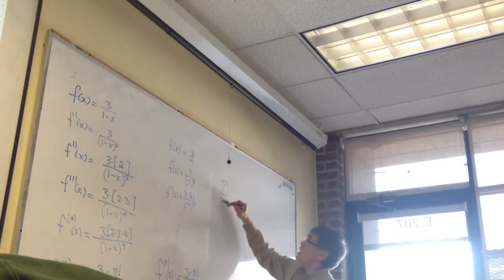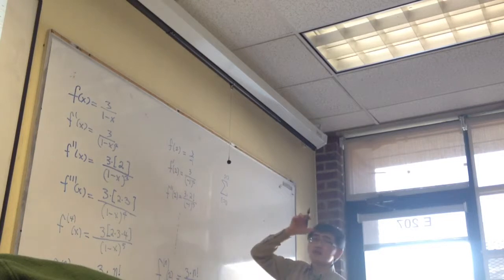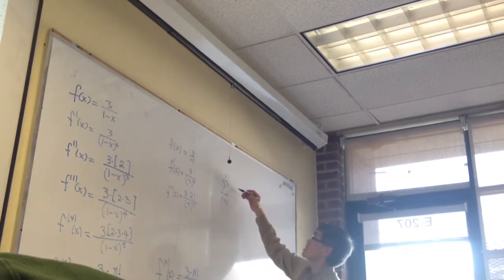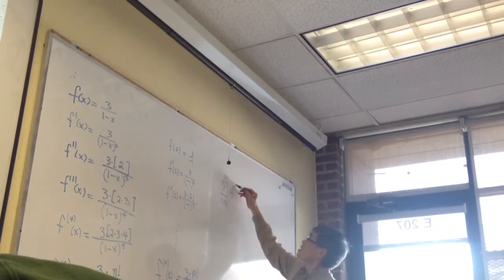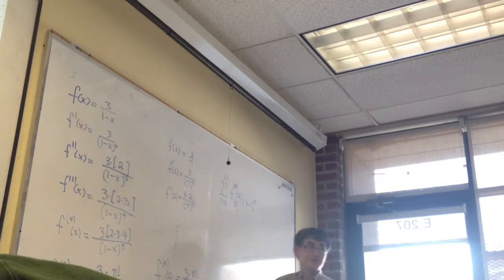So let n go from 0 to infinity, and the Taylor series centered at 2 should be f nth derivative evaluated at 2 over n factorial and what? X minus 2 to the nth power.